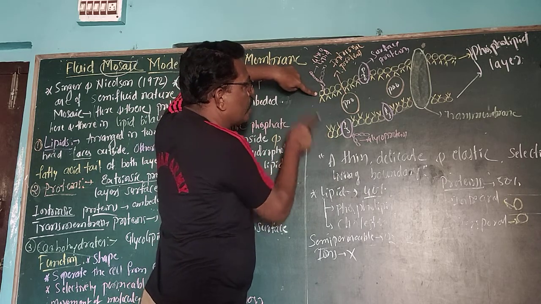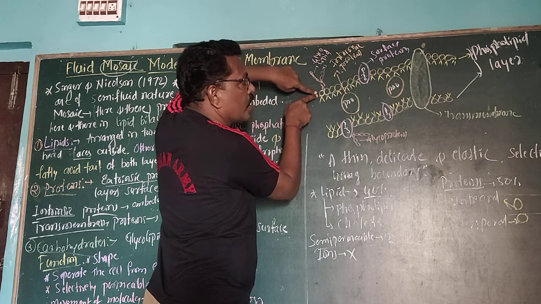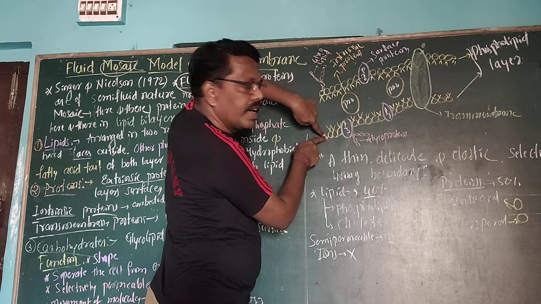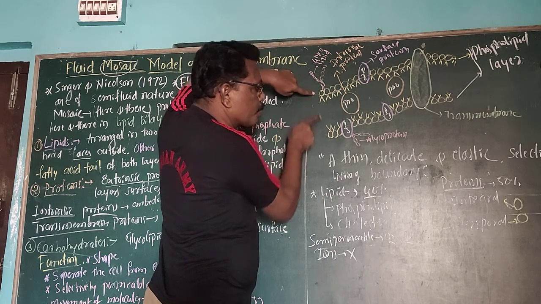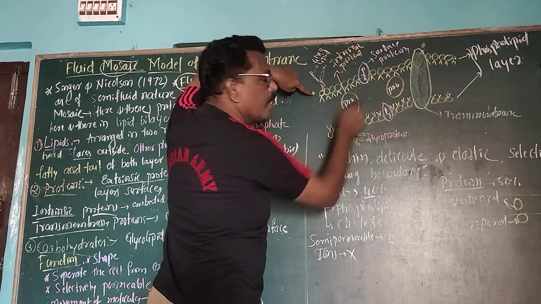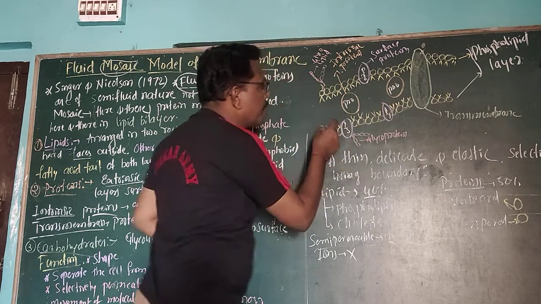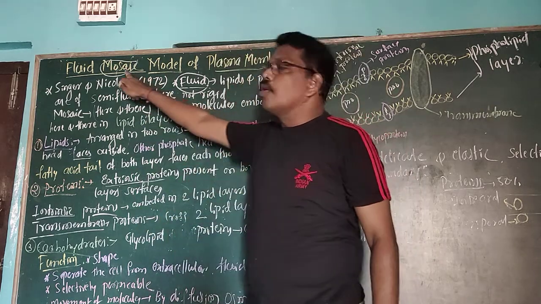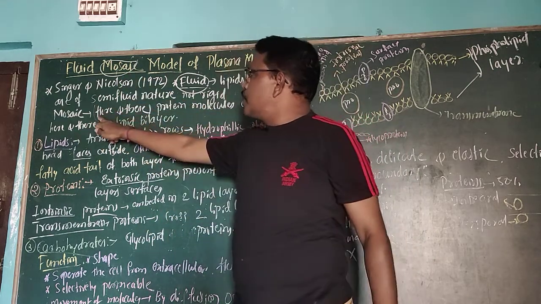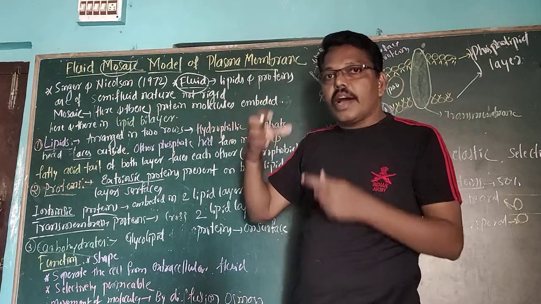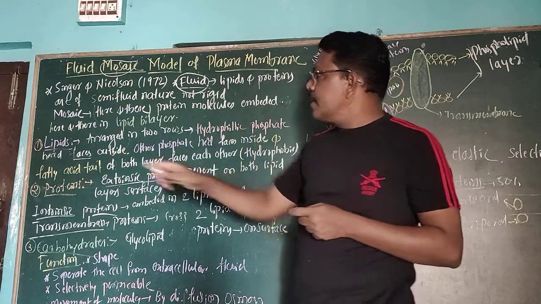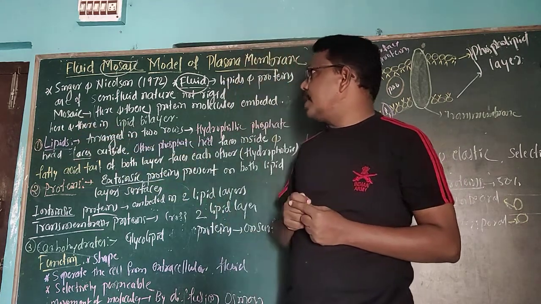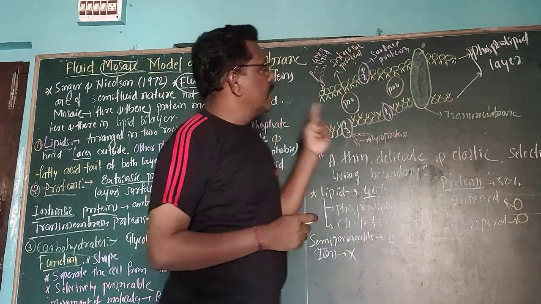There are two layers: this is the first phospholipid layer, and this is another phospholipid layer. Within these two layers, a number of proteins are embedded here and there. That is referred to as mosaic.